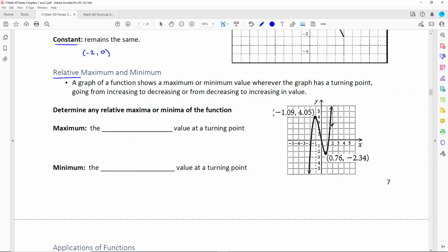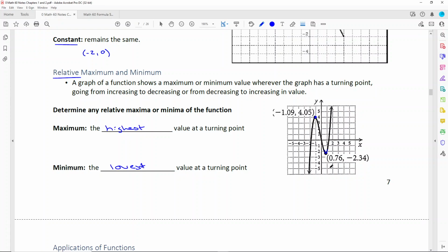And the turning point can either be a maximum or a minimum. It's a maximum if it's the highest value turning point, and it's a minimum if the lowest value is a turning point. Okay, so if you look down here, this is the highest point in a turning point, and so it's a maximum, and this is the lowest point of a turning point, and so it's the minimum.